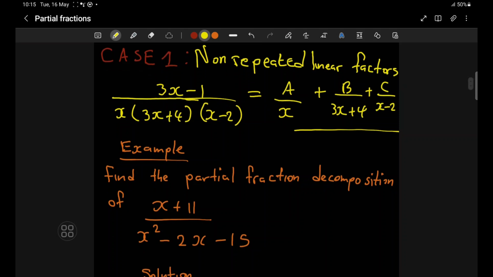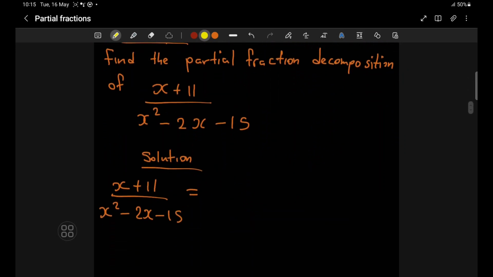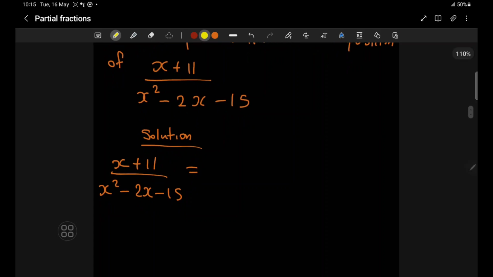So in answering this, let's solve it. First, let's try to reduce the denominator. If we were to factor it, we would have these two factors, x plus 3 and x minus 5. If the denominator is reducible like that, we should reduce it.